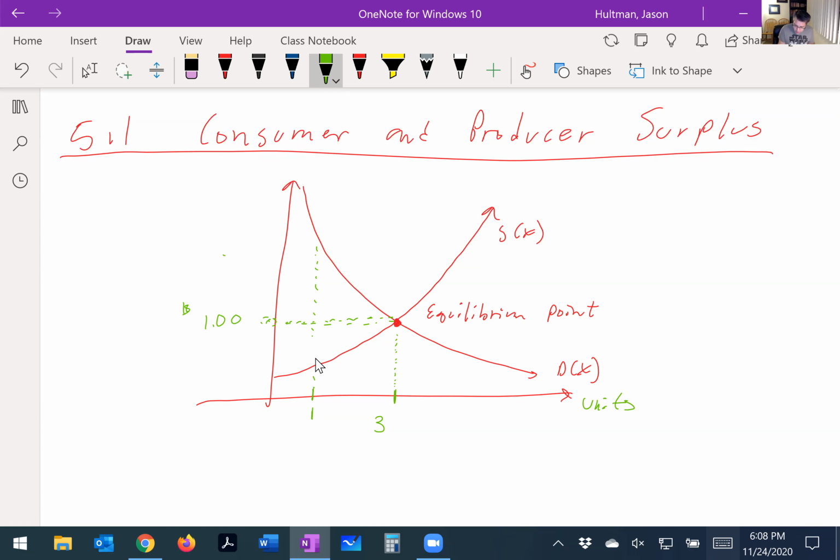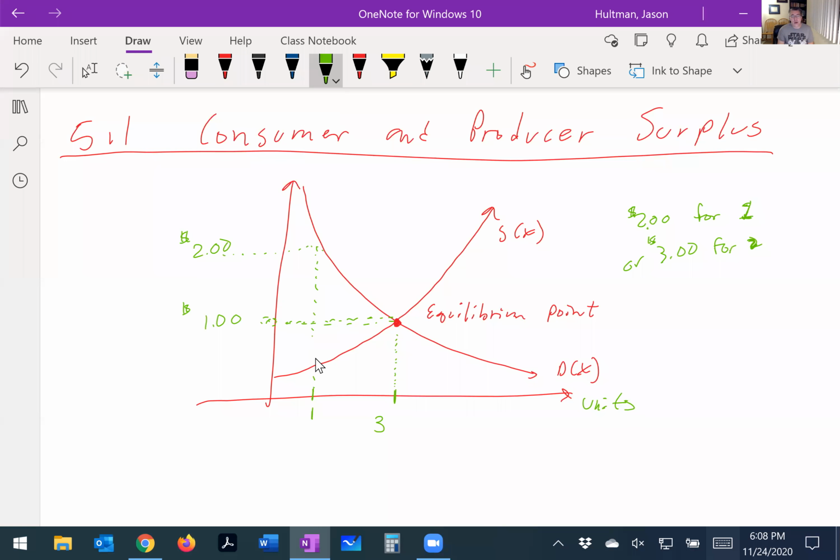But if you only buy 1, then the guy's gonna want $2 per cantaloupe, right? So this would be like $2 for 1, or $3 for 2, right?